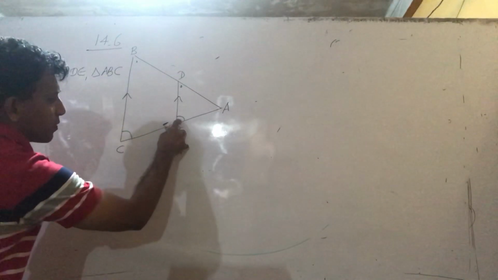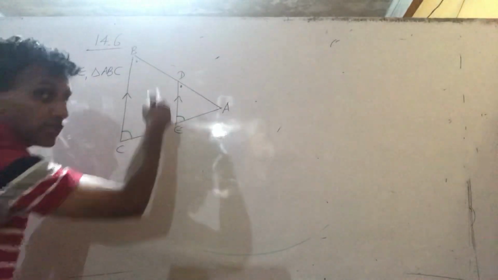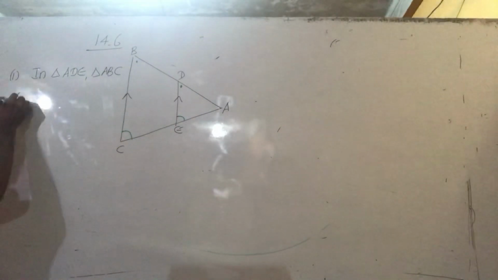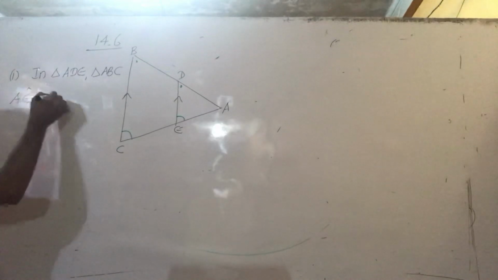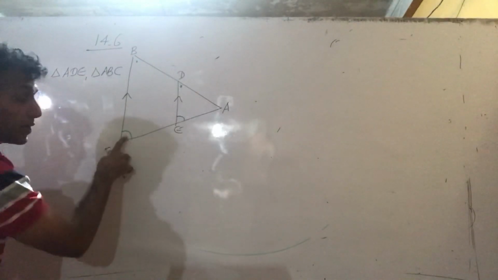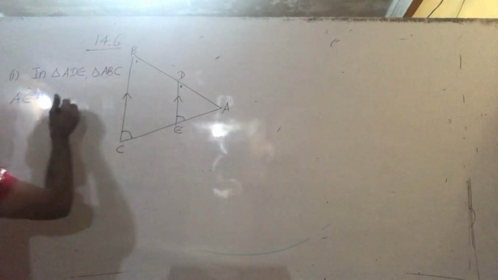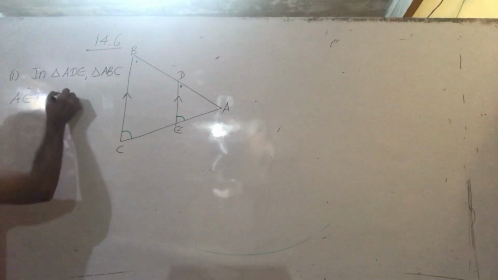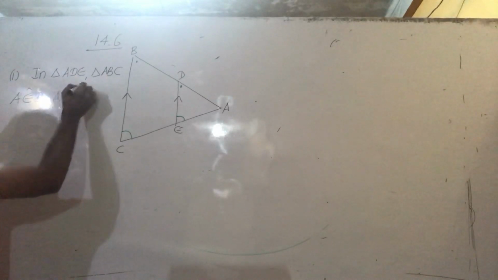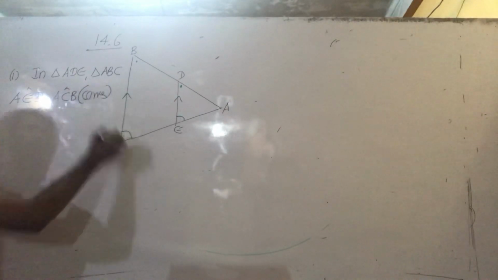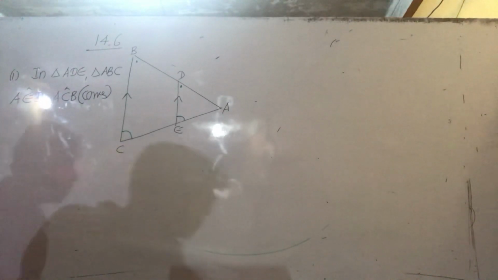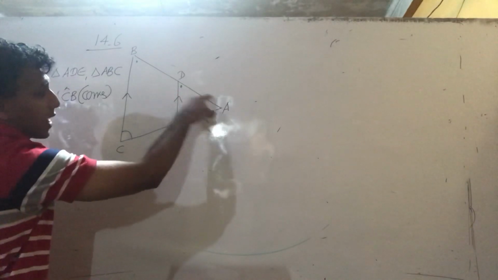Take this angle, the name AED, okay? Angle AED equal to what? The big one here, what is the name? ACB, right? ACB, say corresponding angle. Give the reasons also, corresponding angle. Next come this one. What is the angle?